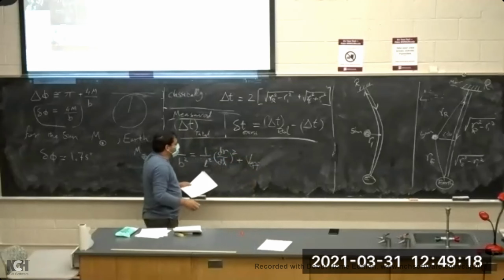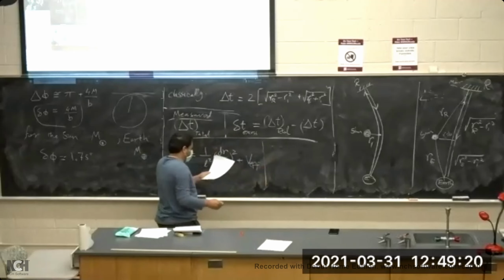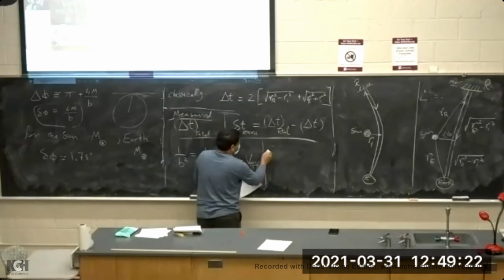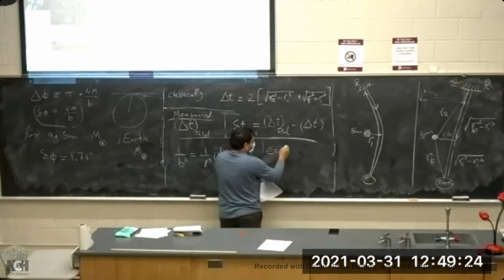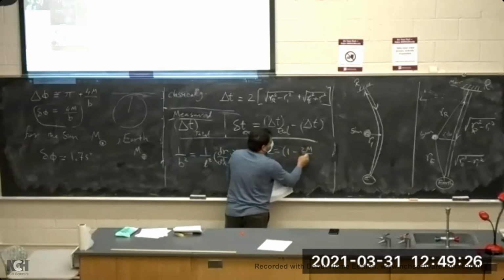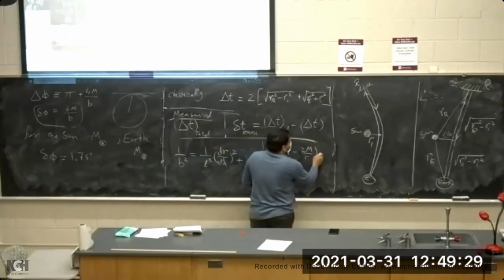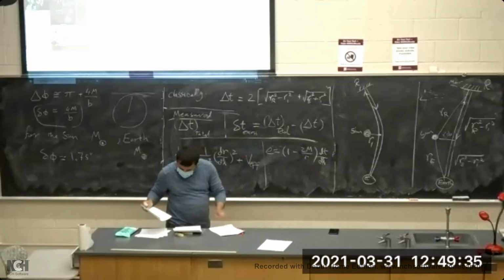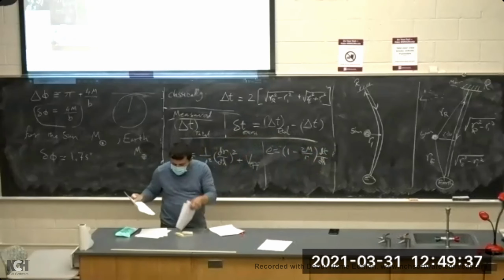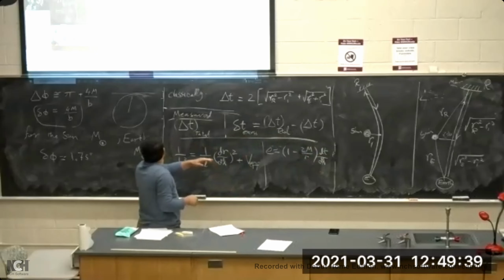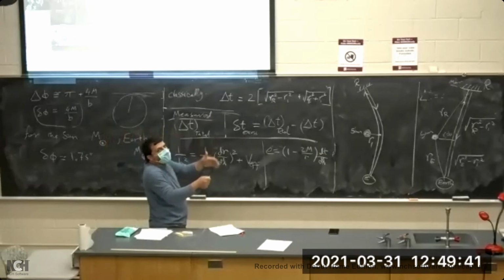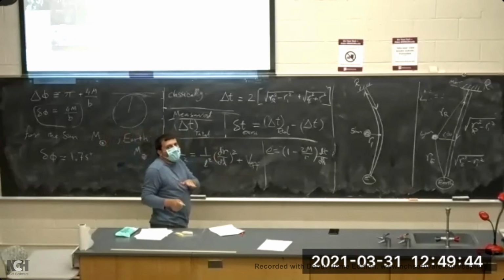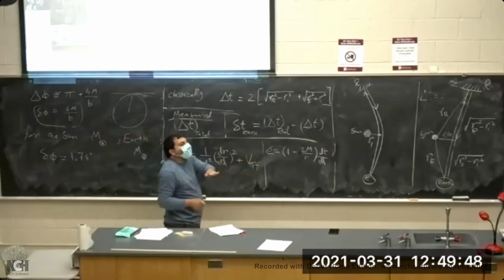And I will use this condition, which is the conservation of energy constraint, 1 minus 2m over r times dt by d lambda. Now, I will find the relation between t and r, just as we found a relation between r and phi in the r-phi plane. Now I will find this relation between r and t in the r-t plane.